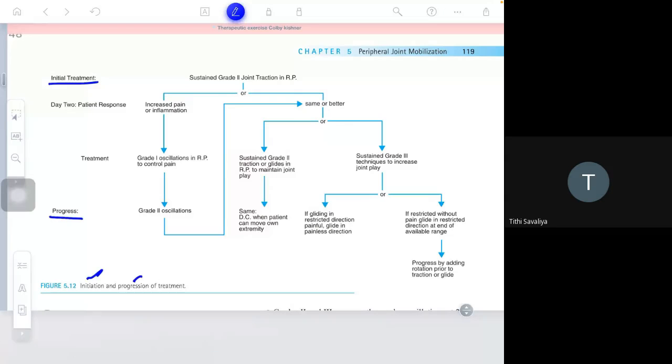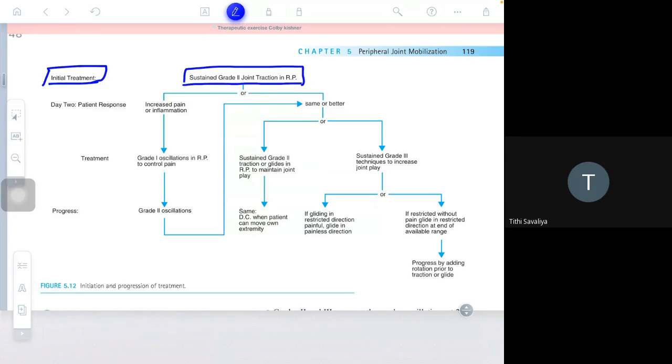That is the topic which we are going to discuss. So here, initial treatment, first you will go for sustained. That is, when the patient is coming to you on the first day, before treatment starts, what you have to do.